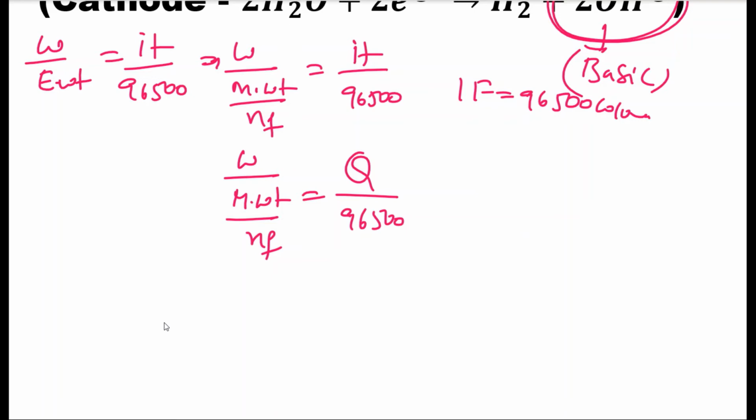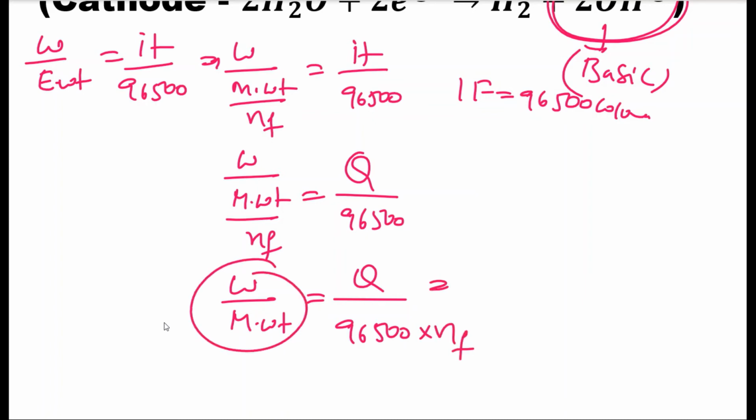Then W by M, molecular weight, is equal to Q by 96,500 into n factor. This is nothing but the number of moles. So the number of moles of OH minus. Why do you have to take OH minus here? Because the solution is basic. So the number of moles of OH minus is equal to Q by 96,500.